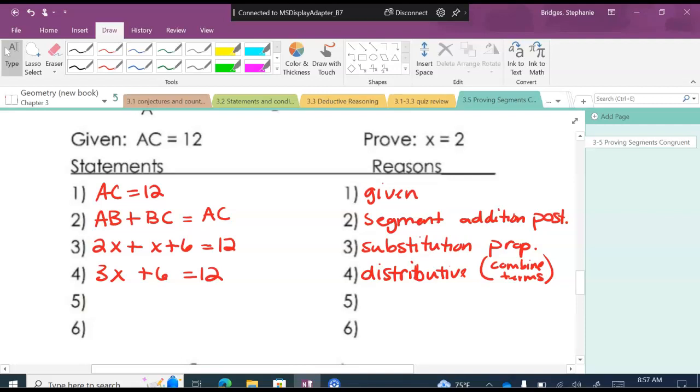All right. Next, in my equation solving, what would I do? I'd subtract 6, and I'd end up with 3x equals 6. So guess what my next statement is? 3x equals 6, and what's the reason for this one? Subtraction, yep.